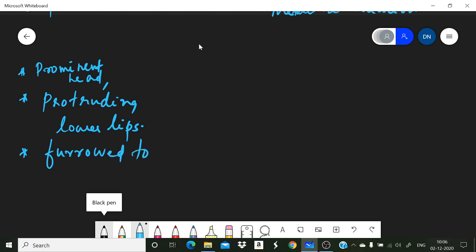That means we can see a sort of division or margin in the tongue. Suppose this is a tongue; here at the tip you can see a furrow-like structure like this.